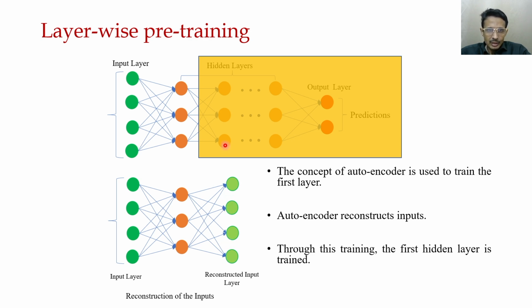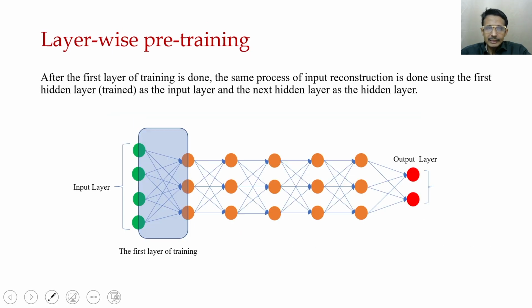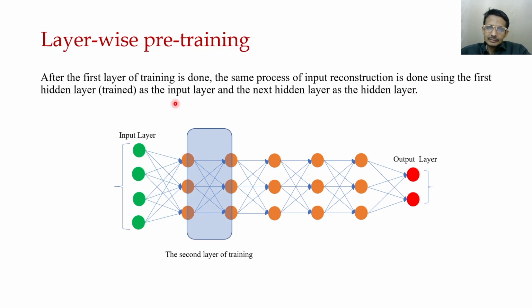After the first layer of training is done, the same process of input reconstruction is done, using the trained first hidden layer as the input layer and the next hidden layer as the hidden layer. Now this is your input, and this input is going to be reconstructed here, with this as your hidden layer.